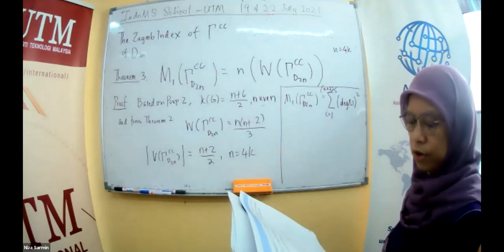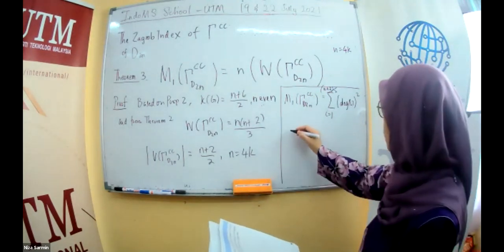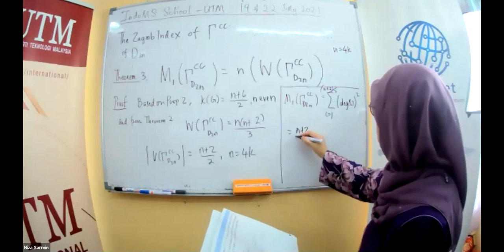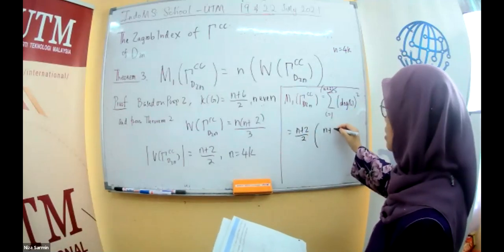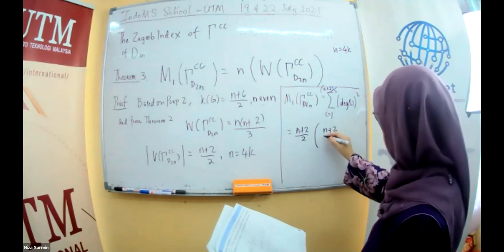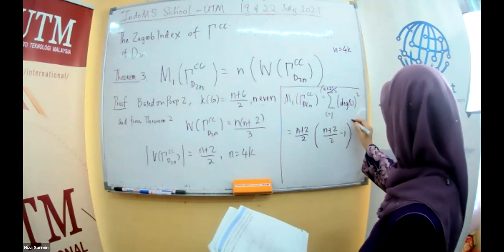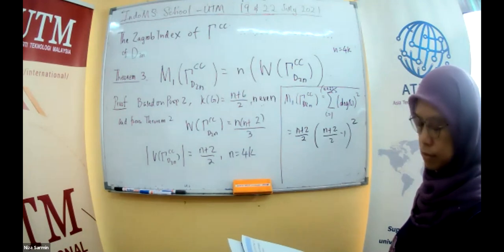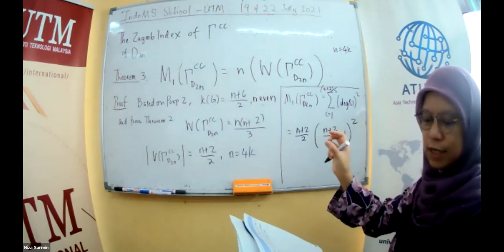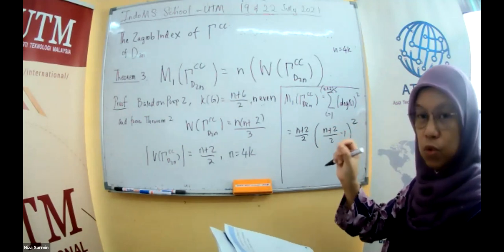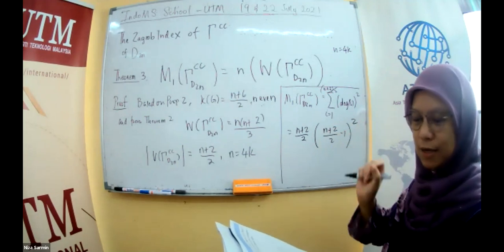Now, for this particular one, you have (n+2)/2 terms, each of these is ((n+2)/2 minus 1) squared, because each of those has this degree, (n+2)/2 minus 1, right?